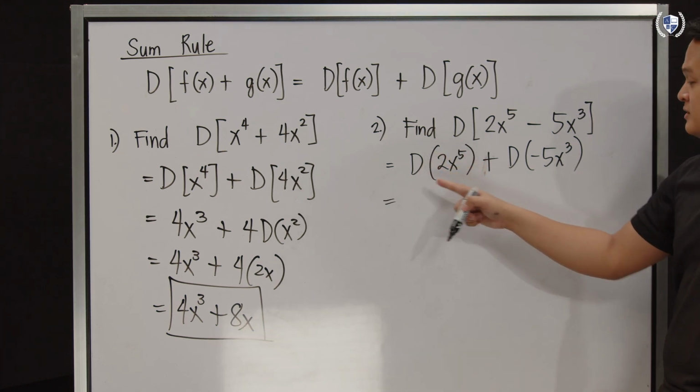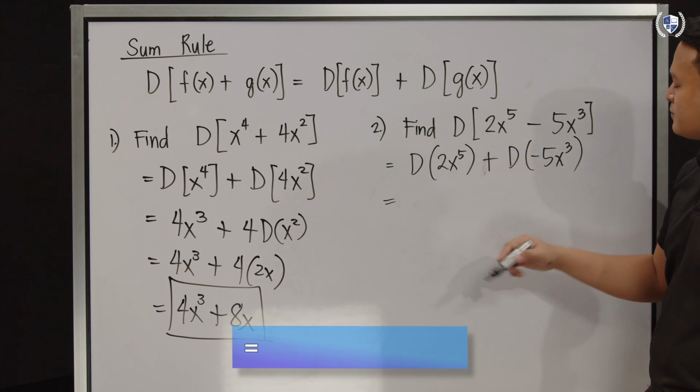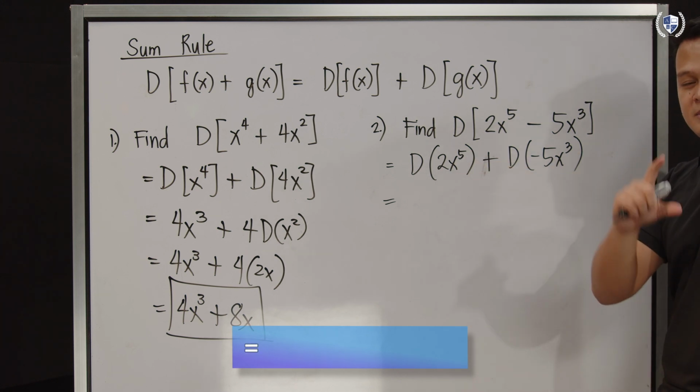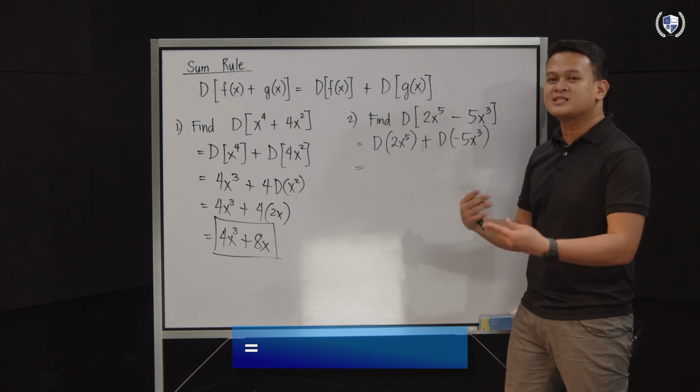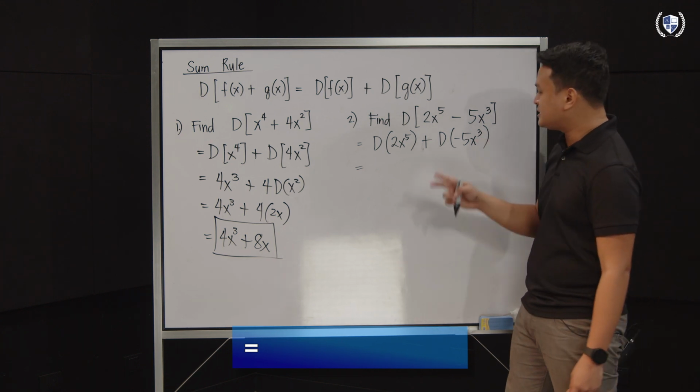And then, evaluating yung derivative natin. What is the derivative of 2x raised to 5? Pagsabayin na natin na gamitin yung power rule natin at yung constant multiple rule. Later on, masasanay naman kayo na ginagamit na sila ng sabay.